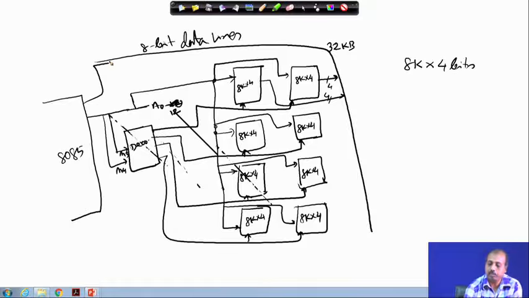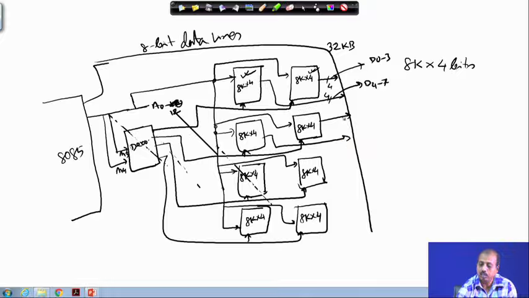So, the most significant 4 bits will come from this memory, and the least significant 4 bits will come from this memory. So, these lines will connect to D4 through 7, and these lines will connect to D0 to 3. Everywhere it is like this. So, this way we can make the other connections.